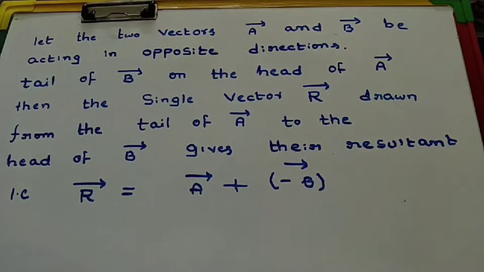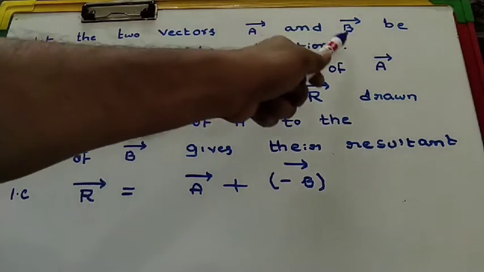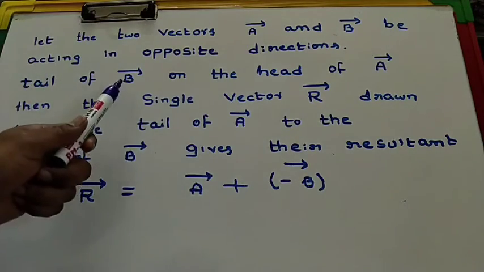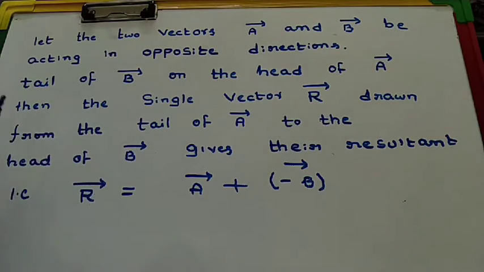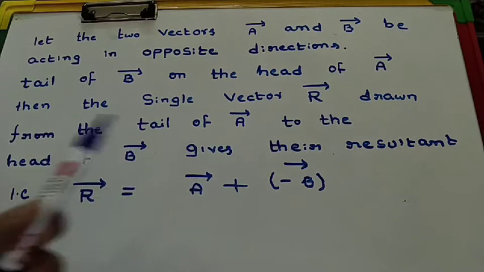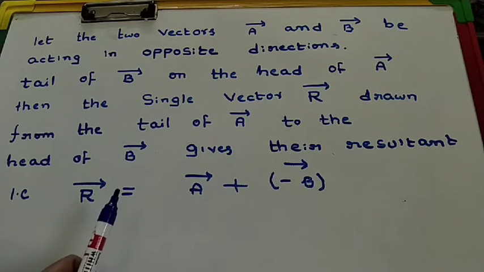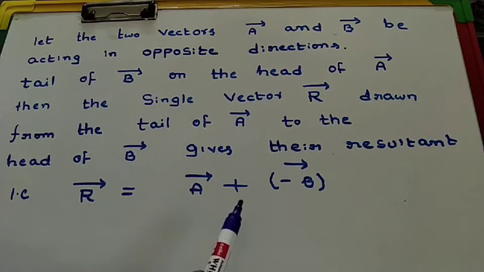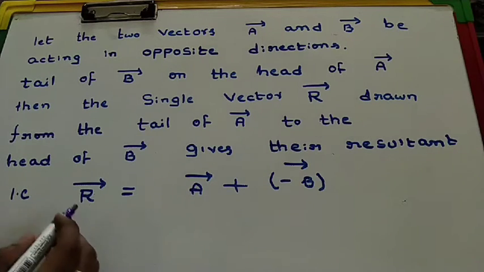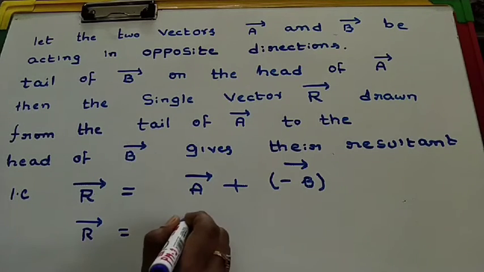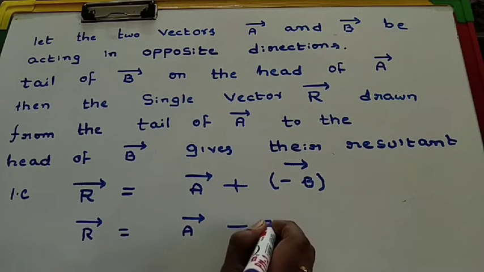Once again I am repeating, let the two vectors A vector and B vector be acting in opposite direction. Tail of B vector on the head of A, then the single vector drawn from the tail of A to the head of B gives their resultant, that is R vector is equal to A plus of minus B. Therefore, the R vector is equal to A vector minus B vector.